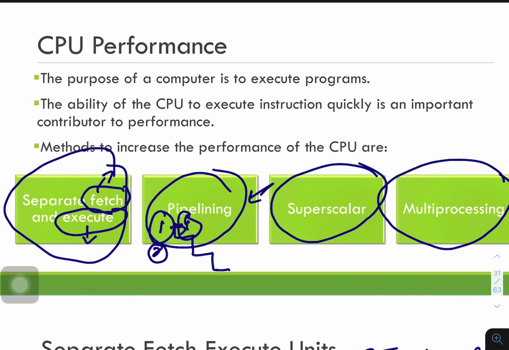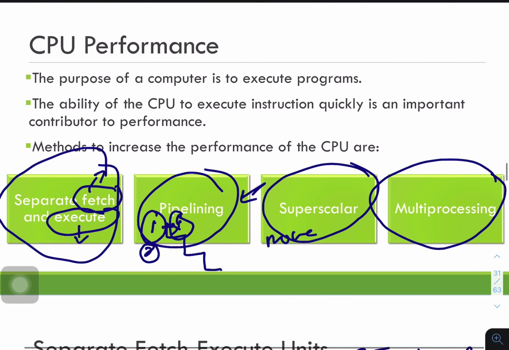Dia sama macam pipelining, cuma dia boleh masuk banyak sekaligus, maknanya more than one. Dia sama macam pipelining tetapi more than one instruction can be executed at the same time. And then multiprocessing ni pula maknanya ada banyak CPU, more than one CPU that is used in order to execute an instruction. Okay, so basically benda ni lah yang nak kita kena faham.